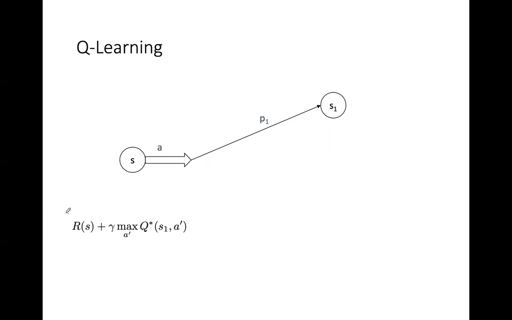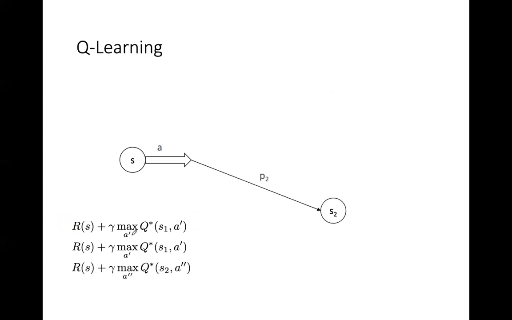We will go ahead and record this quantity, the sum of the reward and then gamma times the actual transition that we observed. And we'll do it again. The second time I try action A in state S, the same transition happens again. And we'll do it again. This time, the third time I tried the same action, something different happened. It took me to state S2 instead.